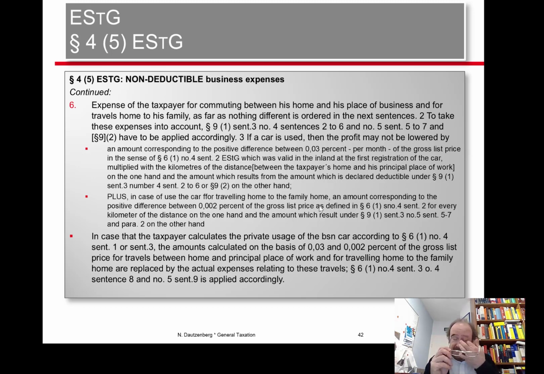So they could prove that, let's say, 99% of the cost of the Corvette or so were related to business travels only and could deduct that. Now, naturally, they would proudly tell all the neighbors that in their case, the luxury car was mostly financed by the fiscal authorities because they could offset that all from the tax base.